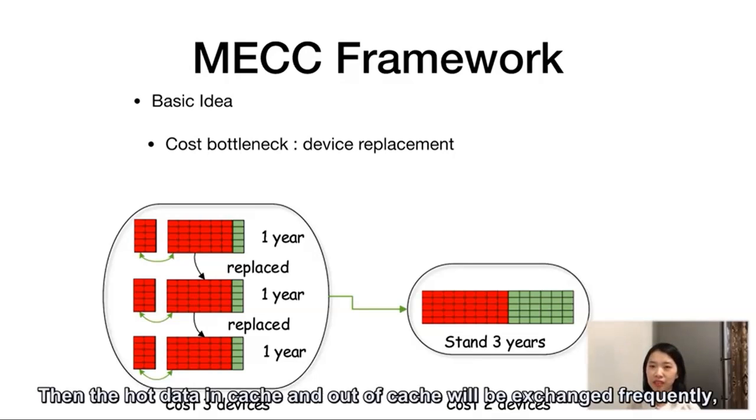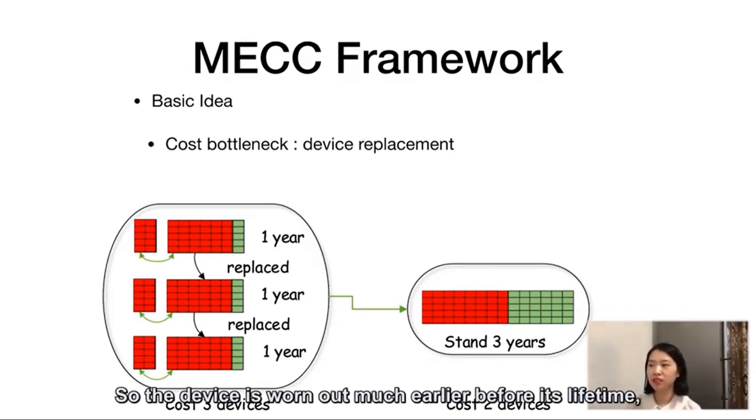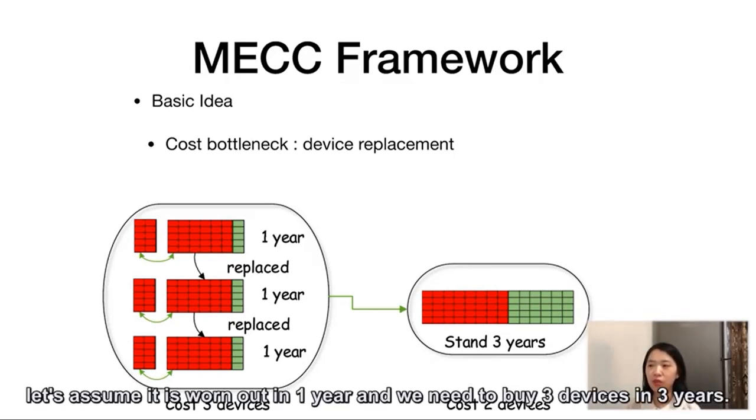Then the hot data in cache and out of cache will be exchanged frequently, leading to high write pressure. So the device is worn out much earlier than its lifetime. Let's assume it's worn out in 1 year. We need to buy 3 devices in 3 years. To simplify the question, we assume that the price stays the same in the 3 years. So the total cost is 3 devices.